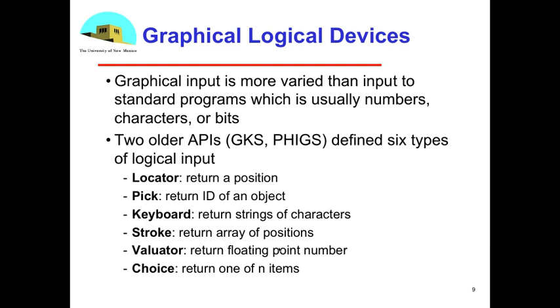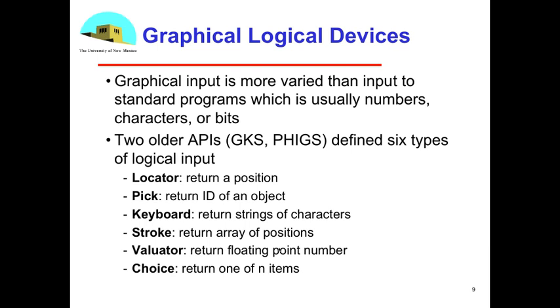And if we define them logically, we can define them in a number of ways. Now, here's an older way of looking at it, and this goes way back to the early standards in computer graphics, GKS and PHIGS, and they try to define logical input separately from physical input, and they define 6 classes, which are probably not sufficient now, but it's probably worthwhile to spend a minute looking at them.